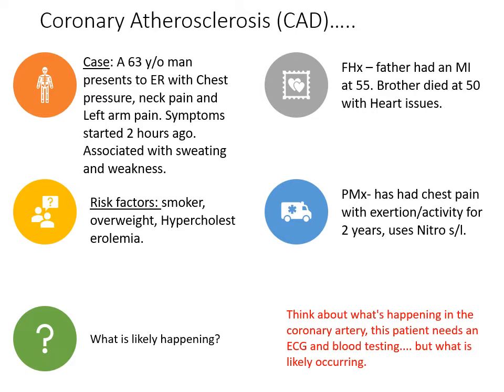And of course, this patient's going to need an ECG and a blood test to distinguish what's happening. So something's completely changed in terms of the symptoms. He has chest pressure without exertion, neck pain, arm pain. He's sweaty, weak.